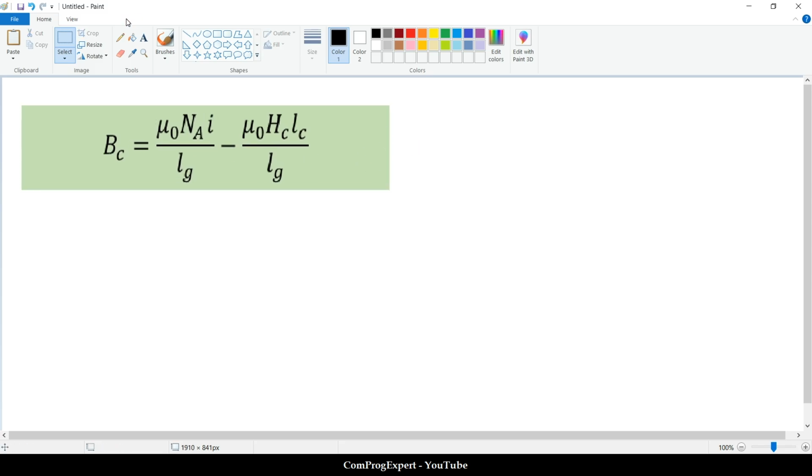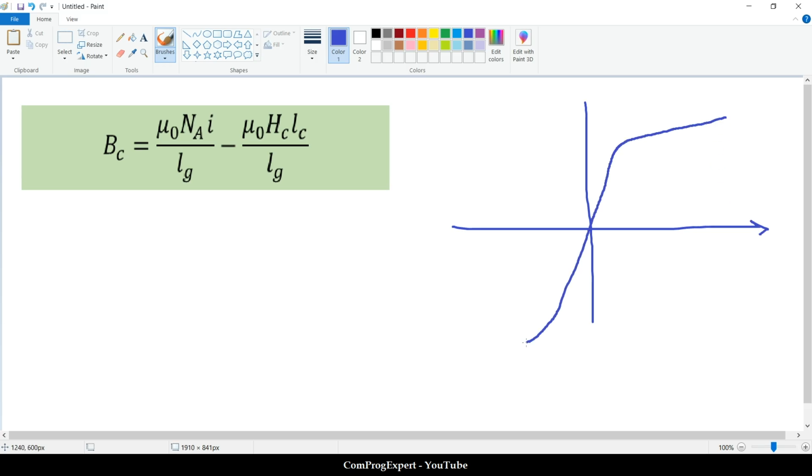We have this HB curve for the material that we selected from ANSYS Maxwell. We have this equation for the load line, and we are going to find this intersection numerically using MATLAB. This is the equation of the line.